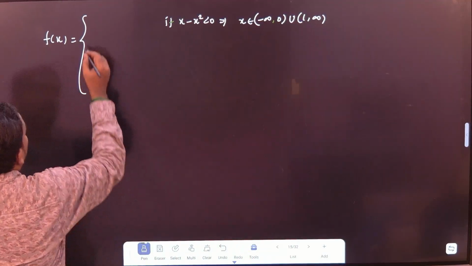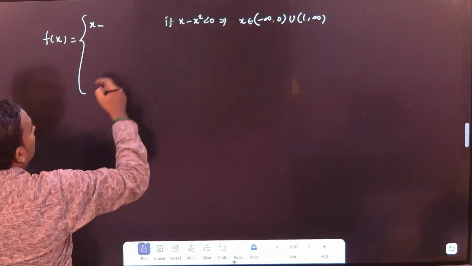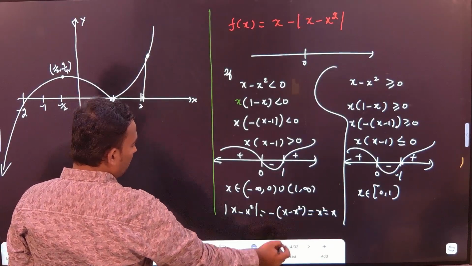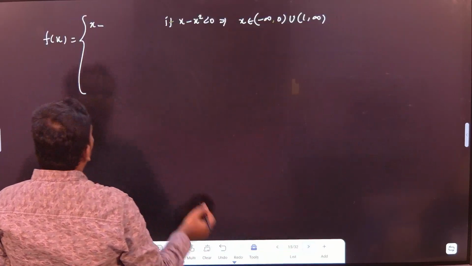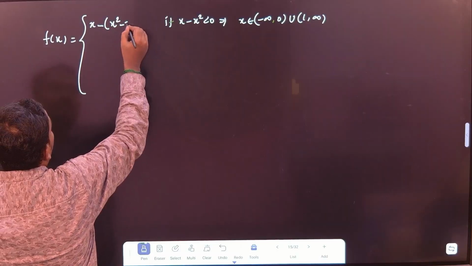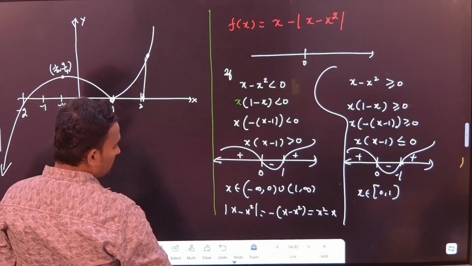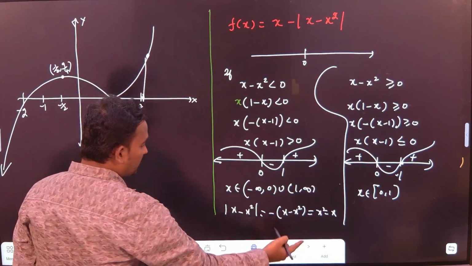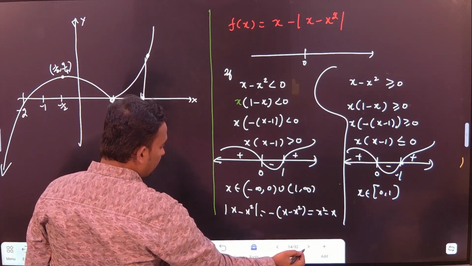In that case, mod x minus x square value is x square minus x. Just check once: minus of x minus x square, that is x square minus x. Yes, good.